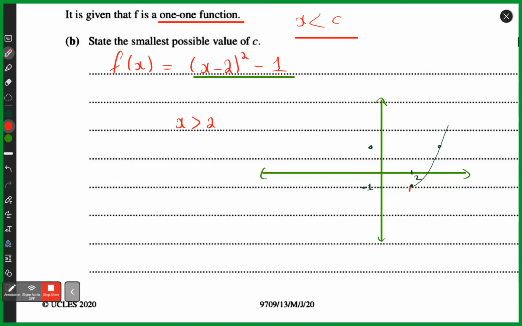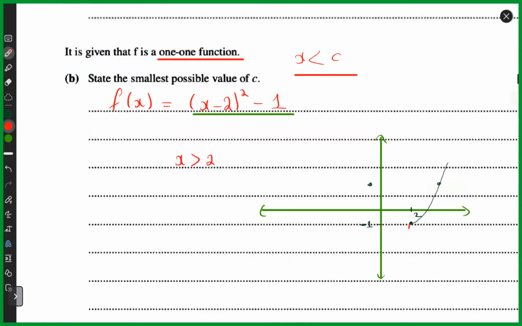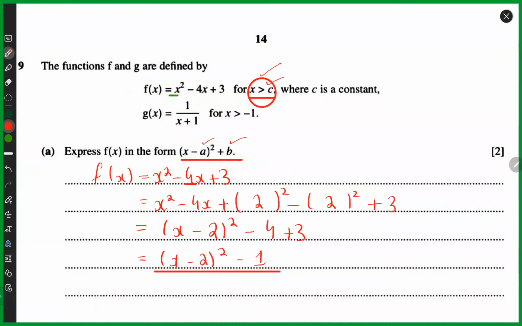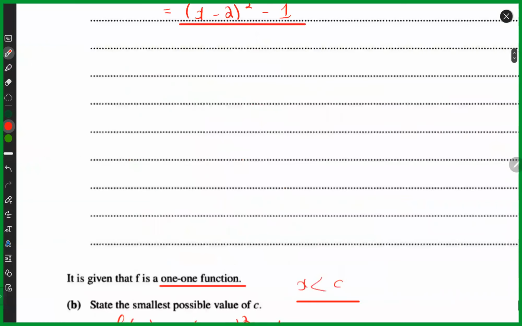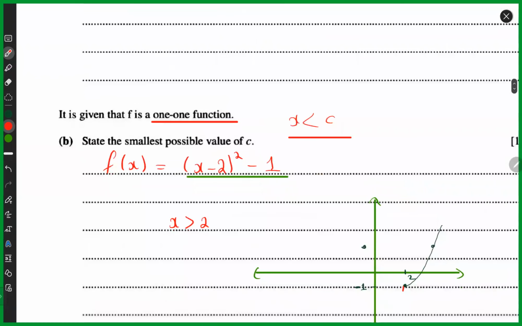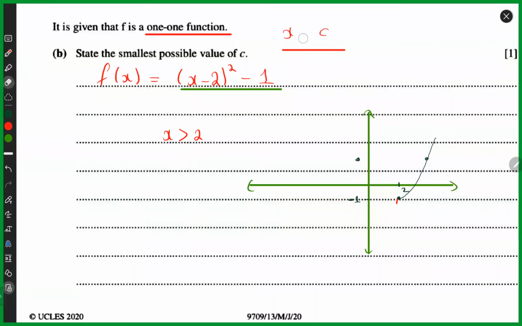And in the question we had this. X was greater than a number. For now we're talking about the smallest possible value. So x is greater than a number.